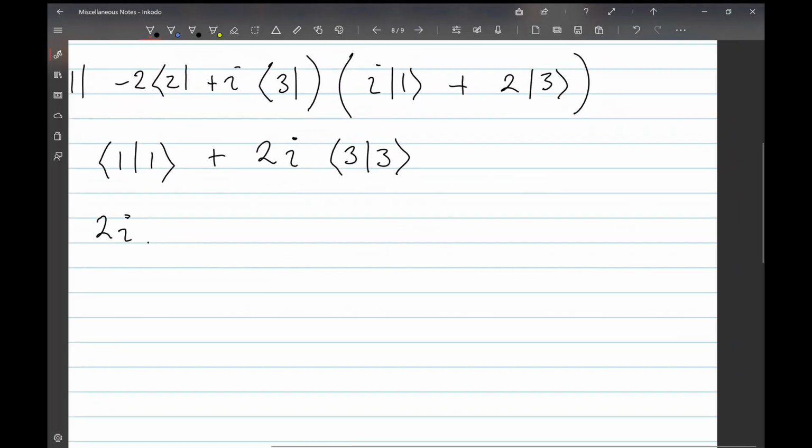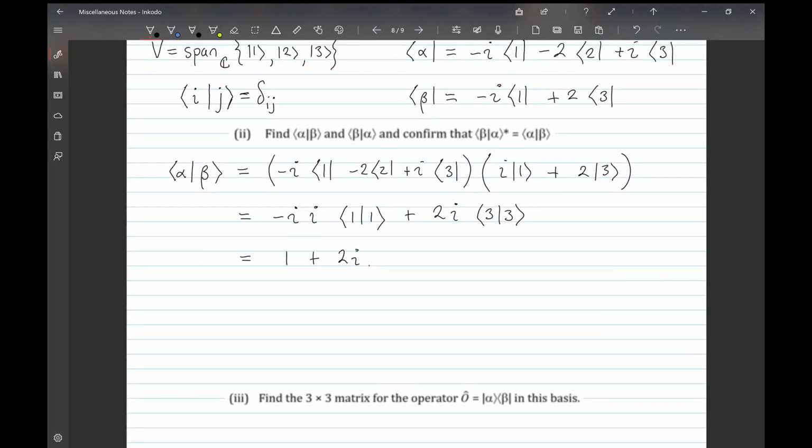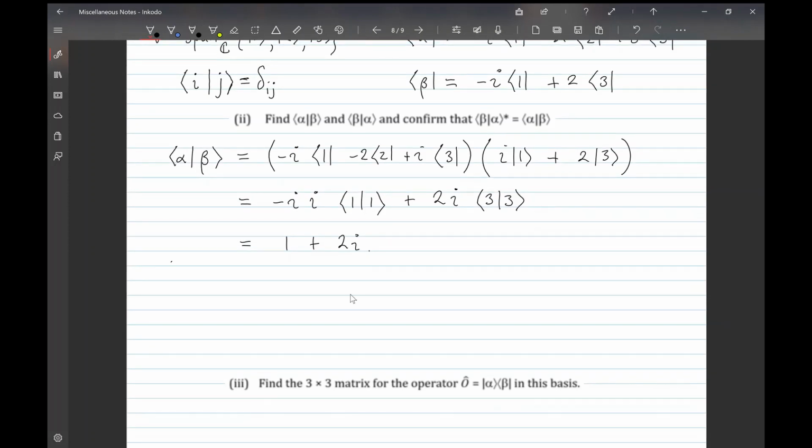Now we should also compute this the other way around. So we'll do the exact same thing. We get now minus i, 1 plus 2, 3, because that is the bra corresponding to beta.